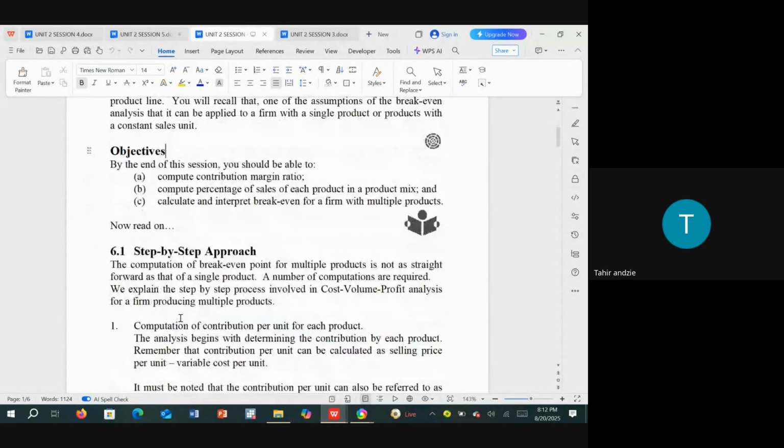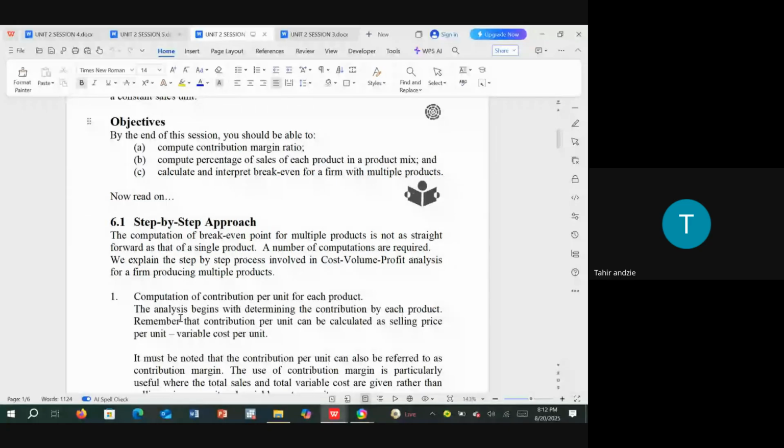So let's look at the steps involved. These steps are not difficult, but you must clearly understand them. Please open your mind, refer to the previous knowledge you have learned in the single product approach, and bring all this knowledge from cost and management accounting 1 to bear so that you can understand.